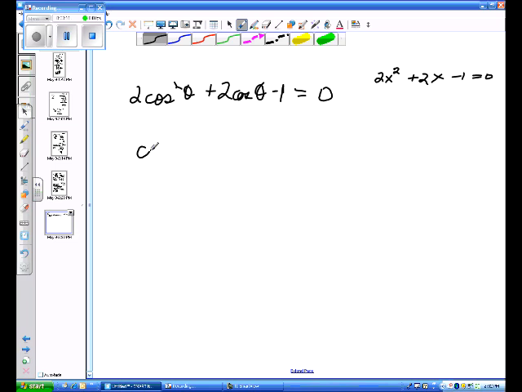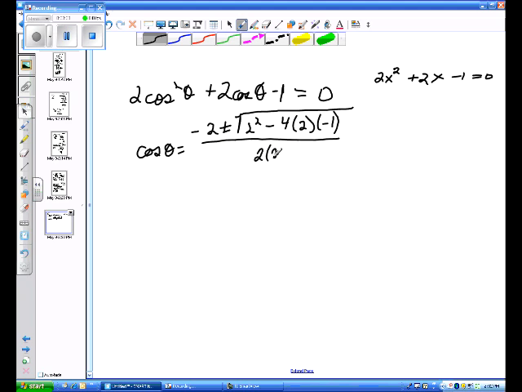So that tells us that the cosine of theta is equal to the opposite of b plus or minus the square root of b squared minus 4 times a times c, all over 2a.